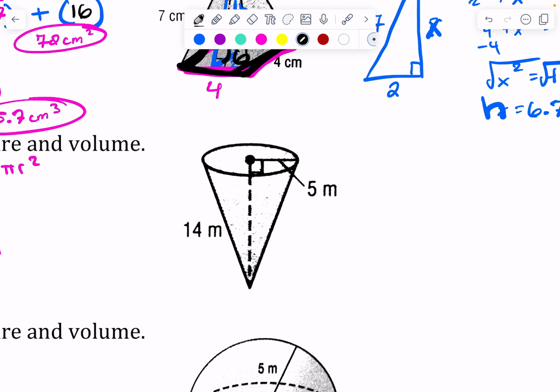Ooh, this is hard. Is the 14 referring to this side right here, or is that the height here? Let's go ahead and say that 14 is this slanted height here. General consensus, 14 is that slanted height there. So that means if this is 5, we've got to figure out what capital H is. So slant height is 14, the radius is 5, and we have to figure out what the regular height is.